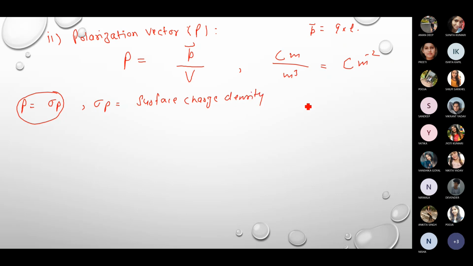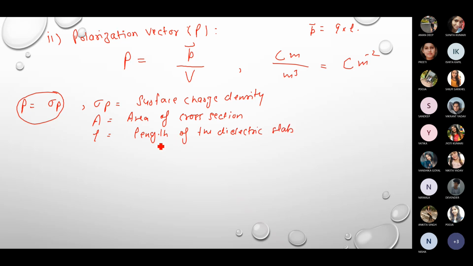और सरफेस चार्ज डेंसिटी क्या होती है? चार्ज डिवाइडेड बाय एरिया, राइट? And if A is the area of cross section, and L is the length of the dielectric slab, तो वॉल्यूम क्या होगा?